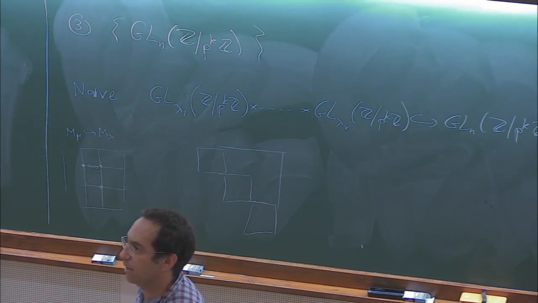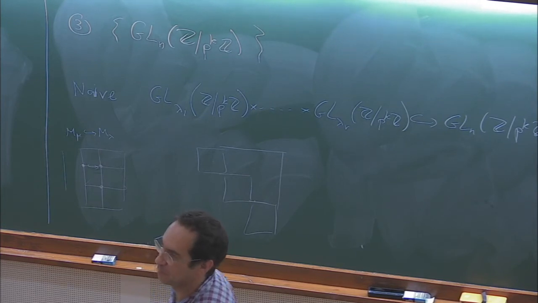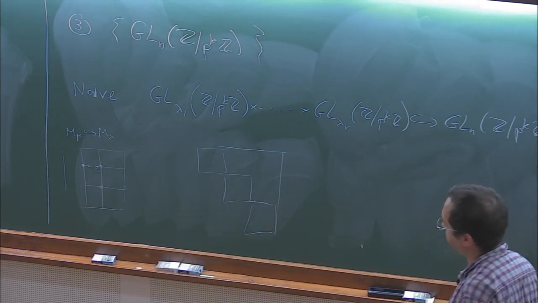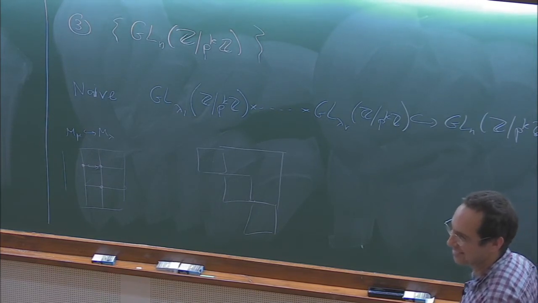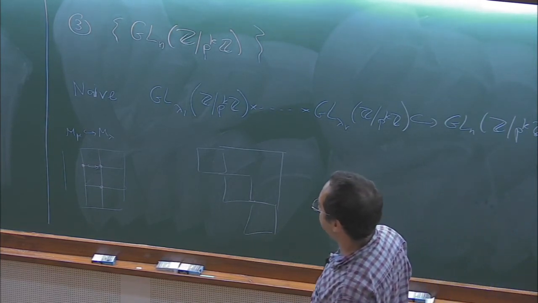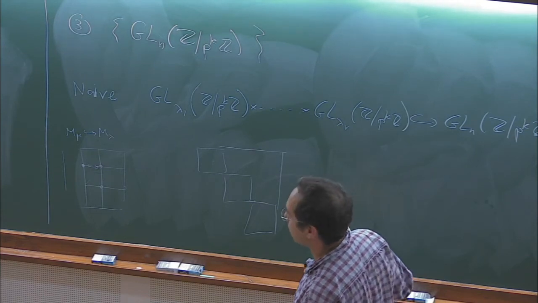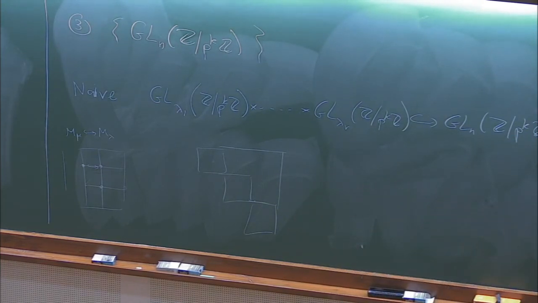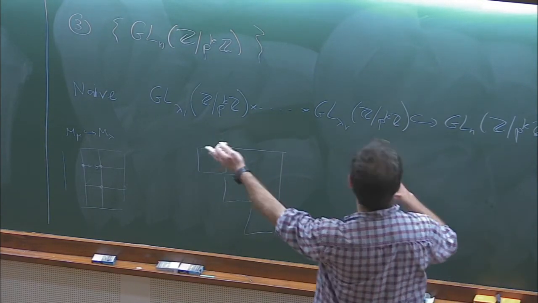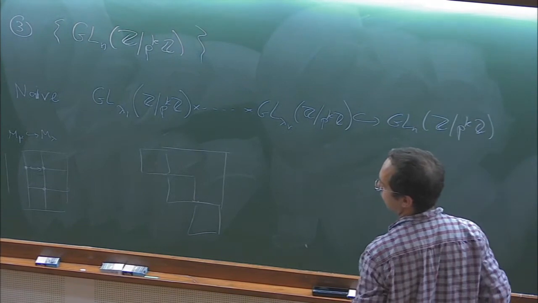Depends on P. Everything depends on P, and in a very unpleasant way. Except for GL2. Okay, so what we want to do is to slow down even further. So suppose this is our Levi, and we want to induce to a representation of GLn ZP.